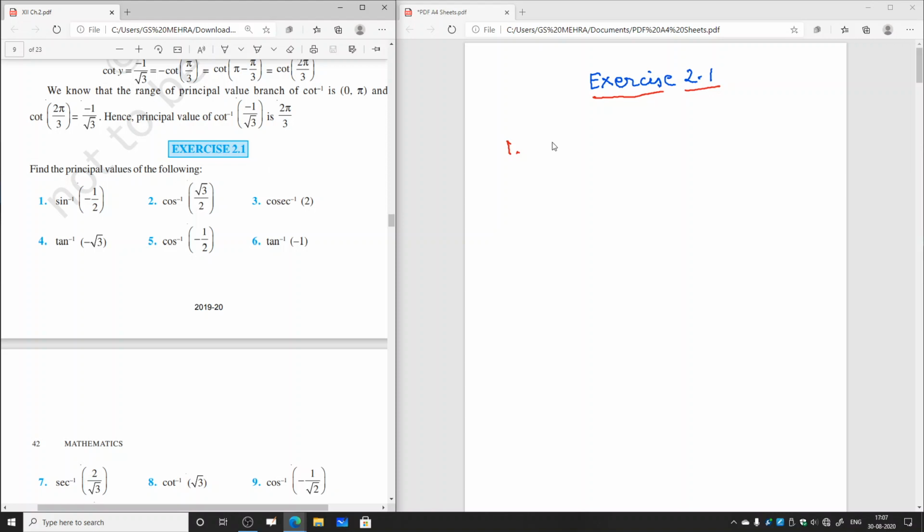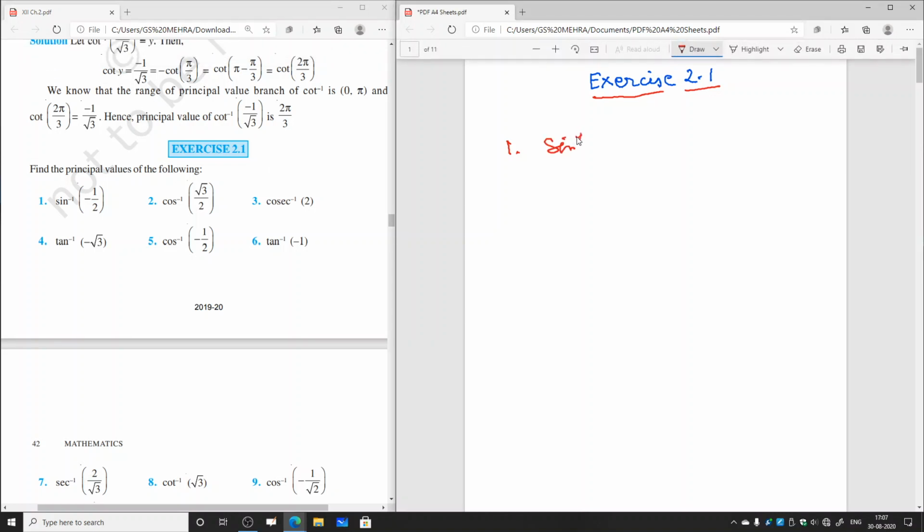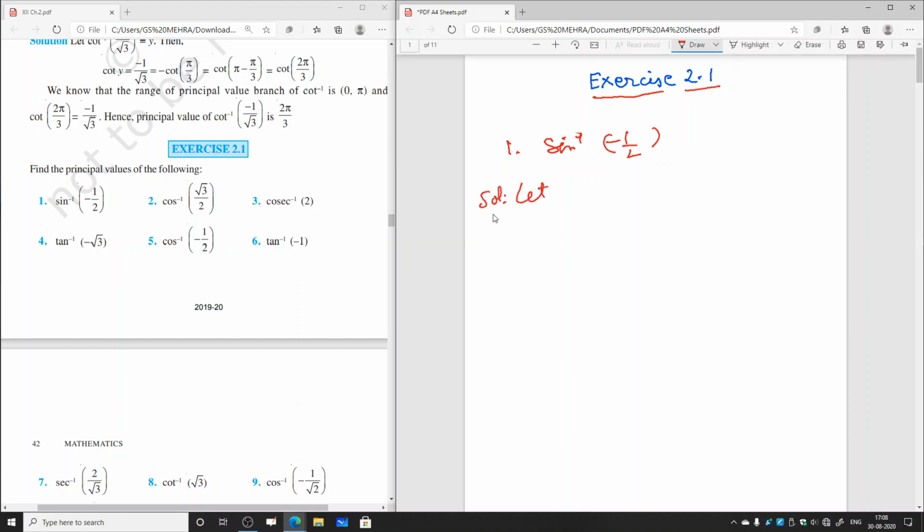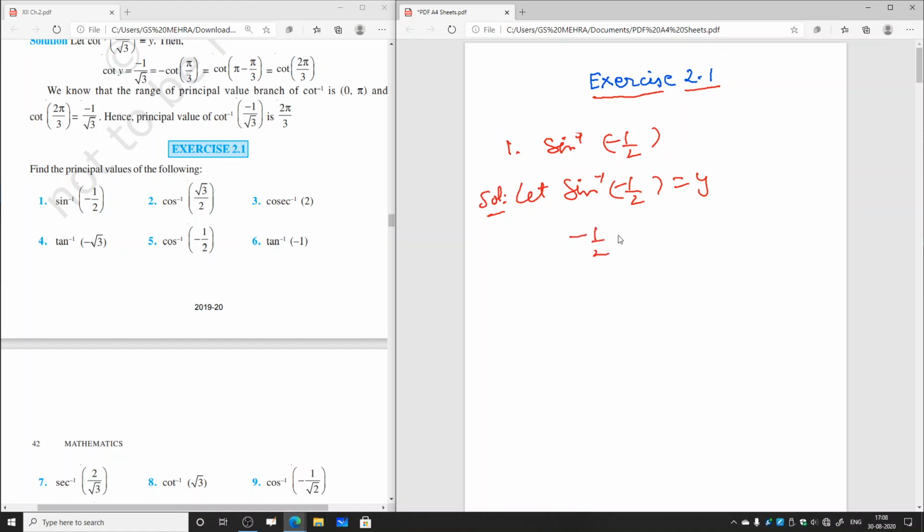First one, sine inverse -1/2. Let sine inverse -1/2 equal y. Then taking the sine function on both sides, we get -half equal to sine y.